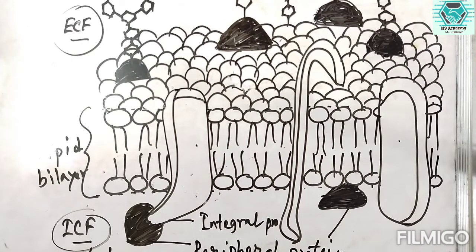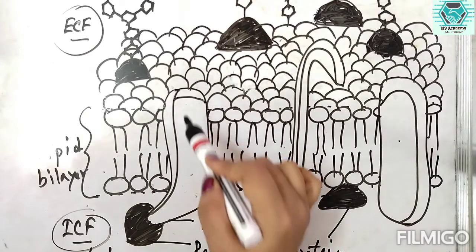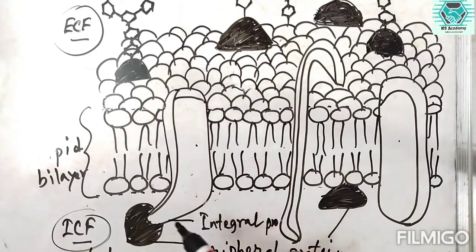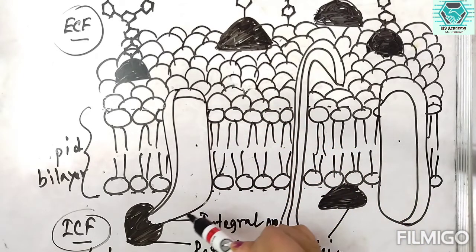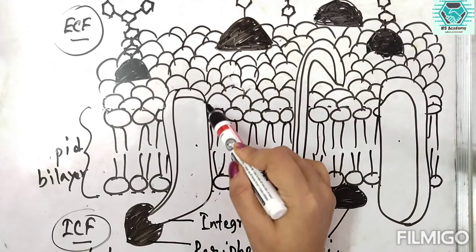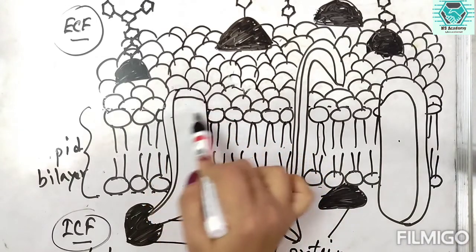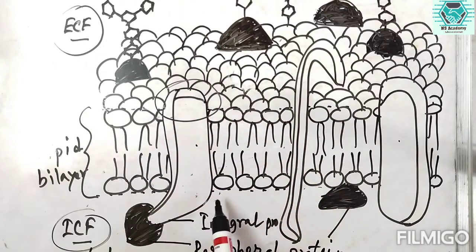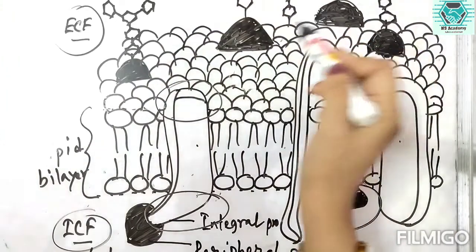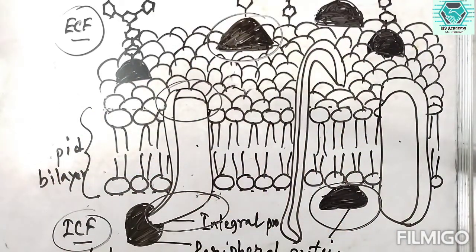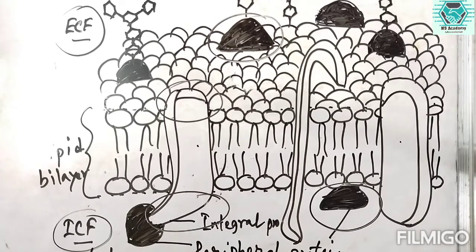The proteins which invade the lipid bilayer and have both an extracellular part and an intracellular part are called transmembrane or integral proteins, whereas the proteins present totally in the ICF portion or the ECF portion are called peripheral proteins.